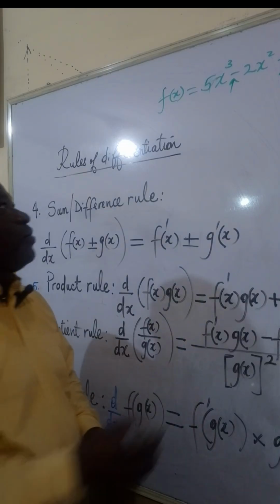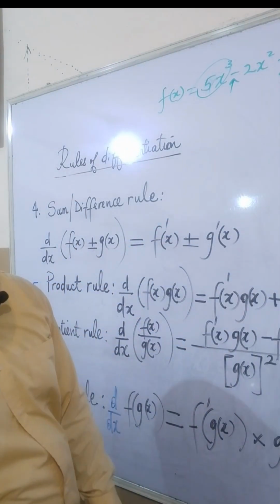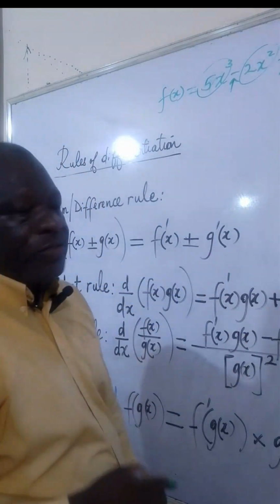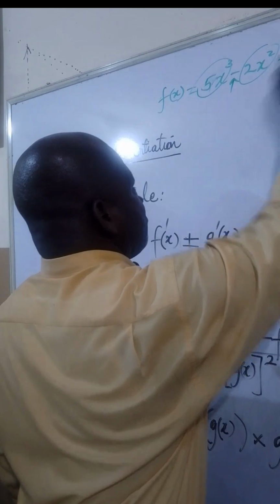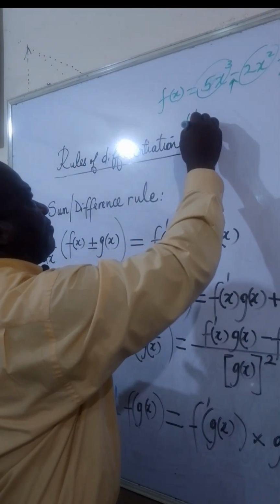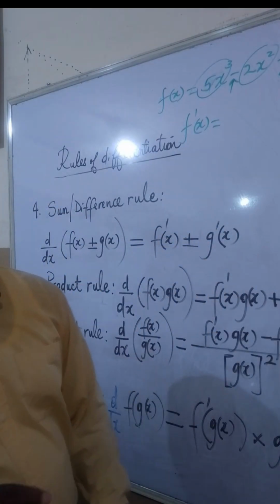Here you are going to differentiate each function. Differentiate 5x raised to power 3, differentiate 2x raised to power 2, differentiate 7. So we have f prime of x is equal to, you're using the power rule to differentiate each term.